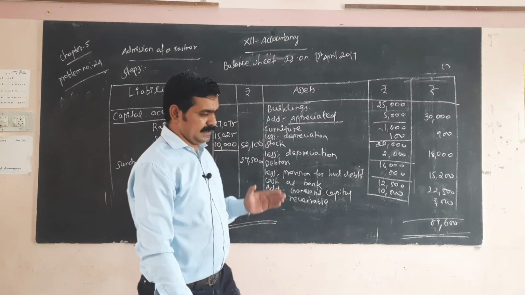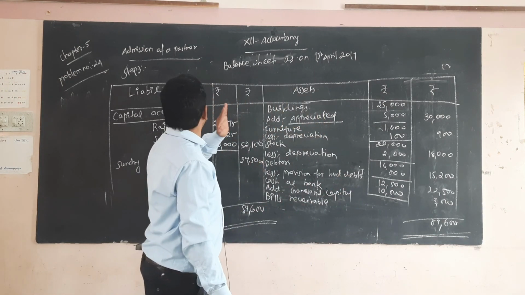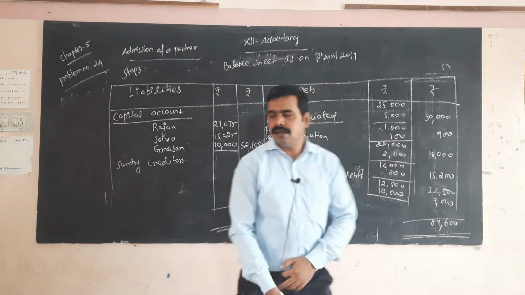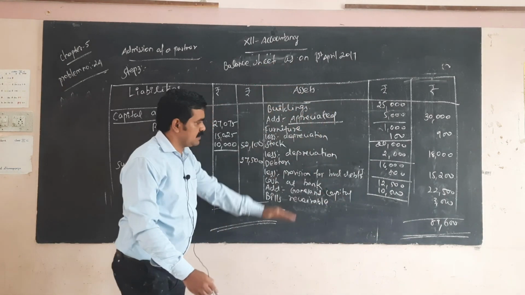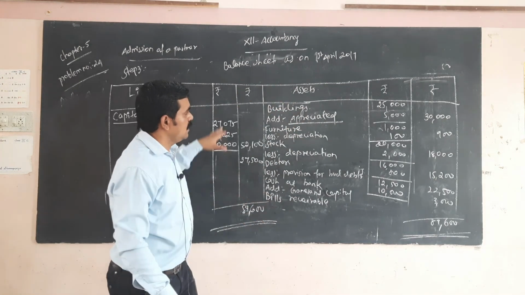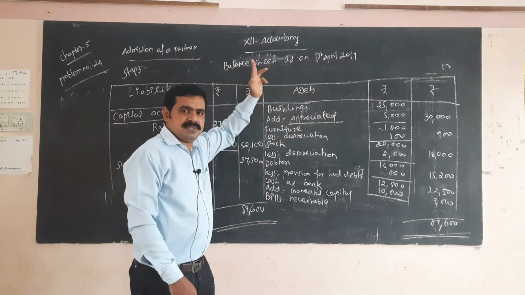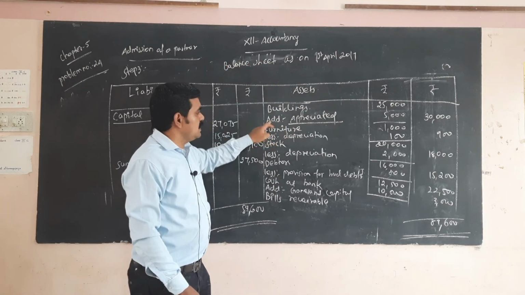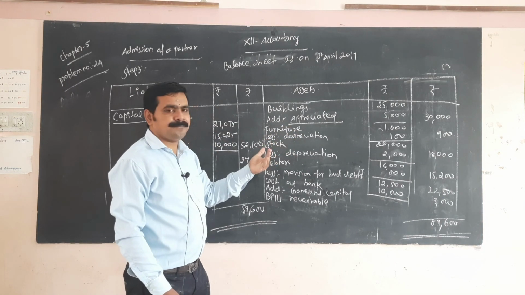This is step 3, the balance sheet as on 1st April 2017. The liabilities are listed out, then the assets are listed out. This is a very important thing. 25,000 is given in the problem, 5,000 appreciation already calculated in the revaluation account. Furniture 1,000, then 100 already calculated.